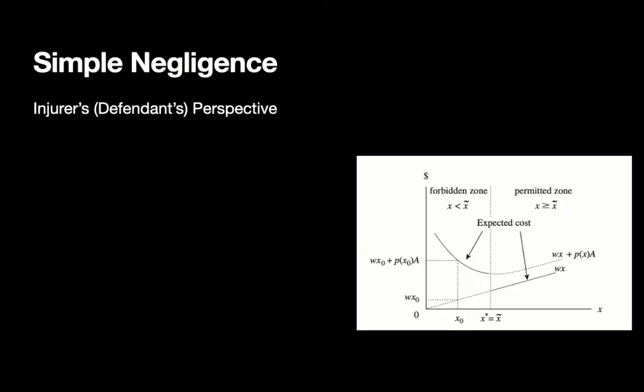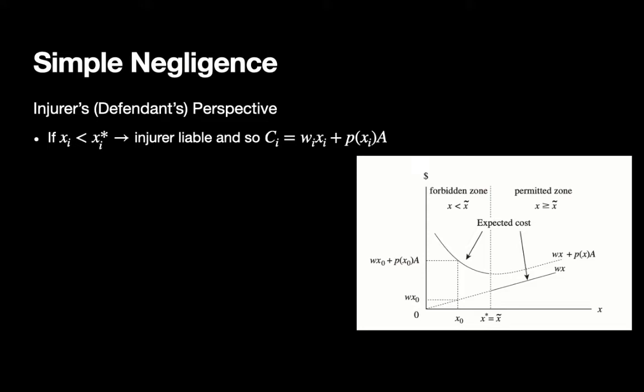Our textbook authors present the following diagram to illustrate the incentives that the injurer or defendant faces. This shows that if the injurer's level of precaution is less than the legal standard, then the injurer will be held liable for accidents. So the expected cost of accidents for the injurer will be equal to the cost of taking precaution plus the expected cost of harm from any accidents.